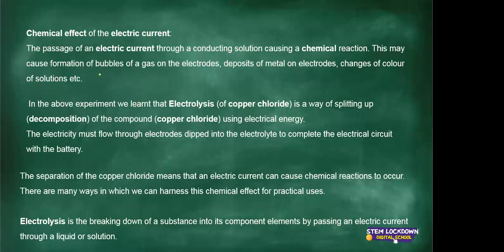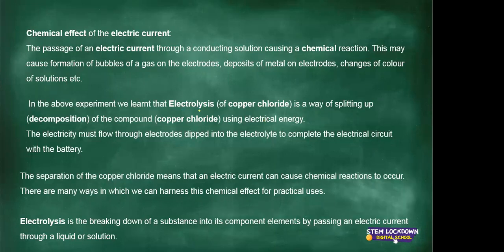So what we basically did through electrolysis, we decomposed copper chloride using electrical energy. So in the test, if they ask you, through what process do you decompose copper chloride? Then you're going to say the process you use to decompose copper chloride is electrolysis.